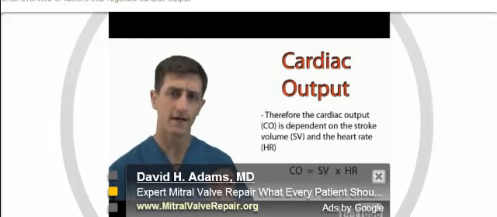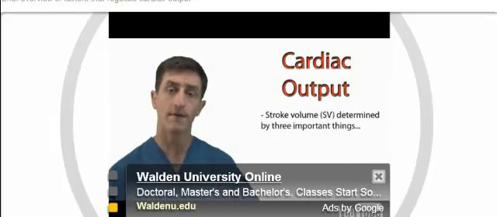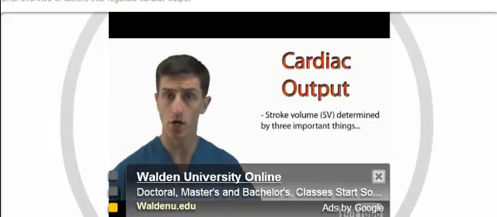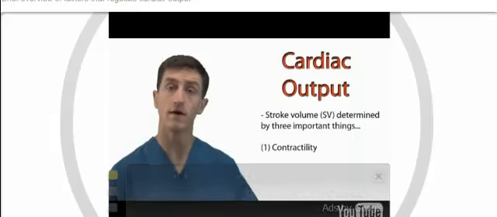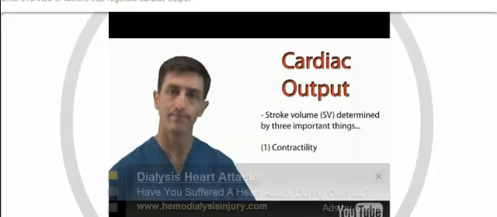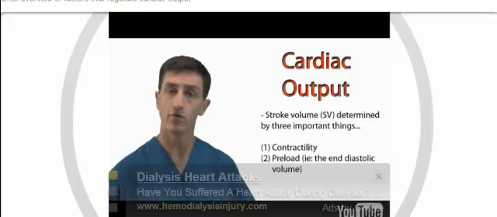Now, let's talk a little bit more in depth about the stroke volume. The stroke volume is dependent on a couple of key and important topics. The first topic is contractility. You can imagine if the heart is contracting with more force, it's going to be able to pump more blood per beat, increasing the stroke volume, which will increase the cardiac output. The second key component of stroke volume is what is known as preload.